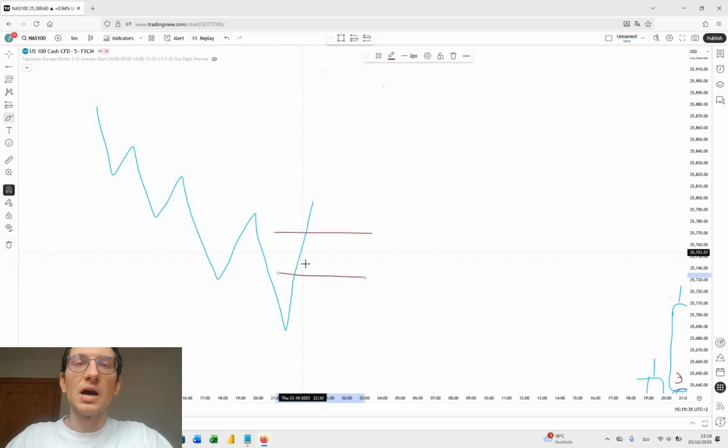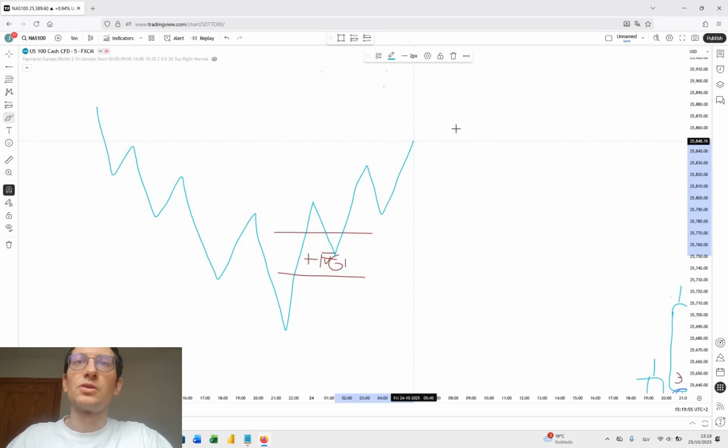This is going to be a bullish fair value gap. And then what will happen with the price? The price usually goes down to the fair value gap, preferably to the middle of the fair value gap, and then it continues in that direction.